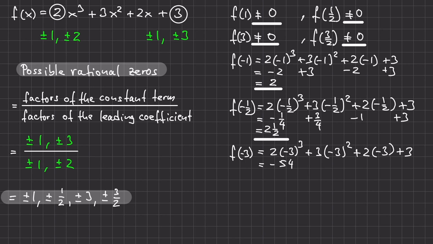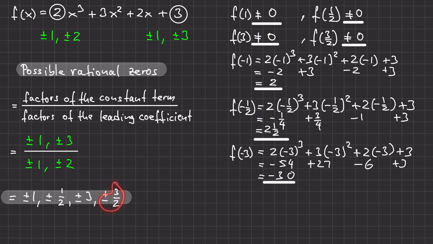Negative 3 squared is 9 times 3 is 27. 2 times negative 3 is negative 6, and we keep the 3. Negative 60 plus 30 is negative 30. So f of negative 3 equals negative 30.